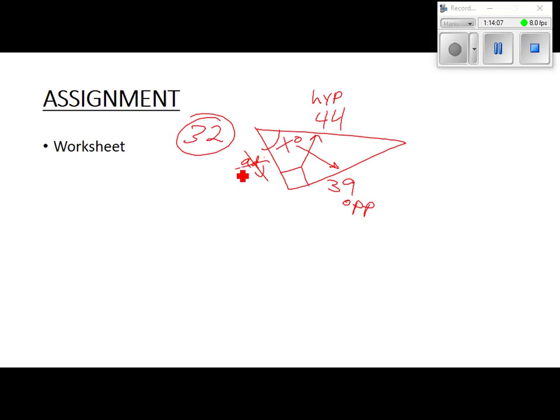Okay. So now we got this. Which trig ratio deals with opposite and hypotenuse? Sine. So we're going to do the sine of our angle. What's our angle this time? X. We don't know it. So it's x degrees equals opposite over hypotenuse. What's the opposite this time? 39 over 44. Once you set up this equation, doesn't this look like the problems we did back on the first page?